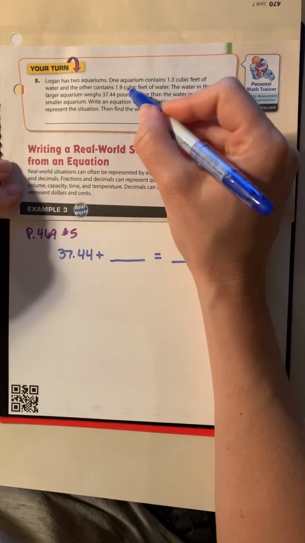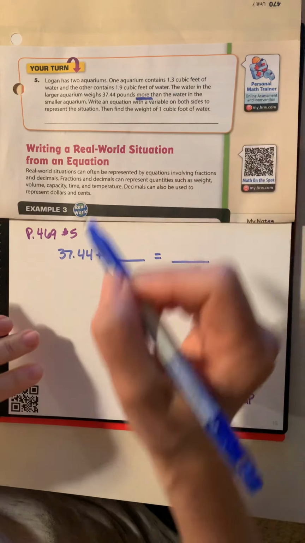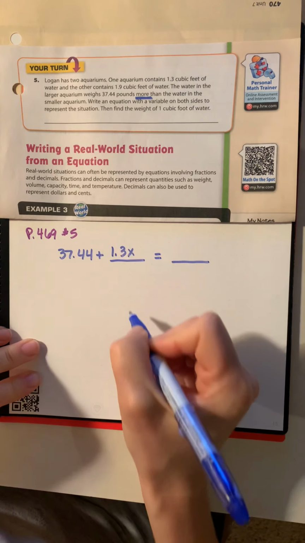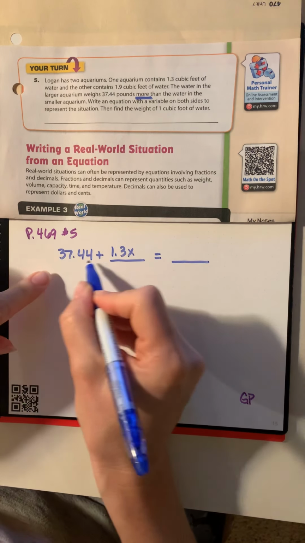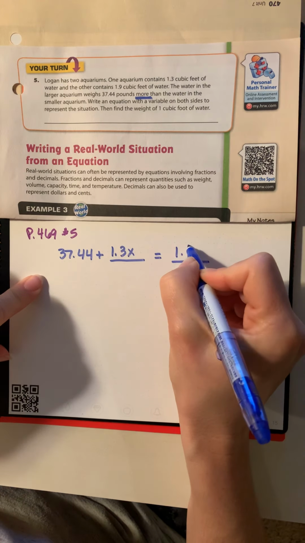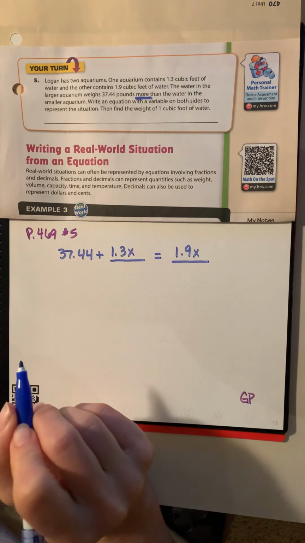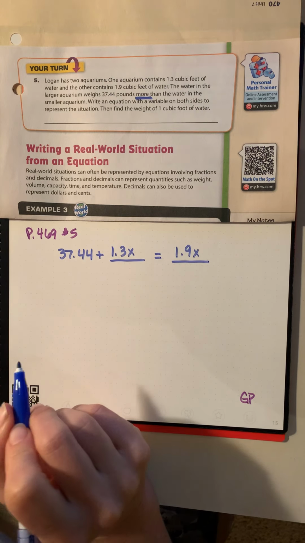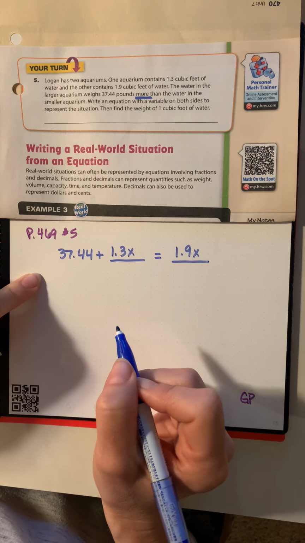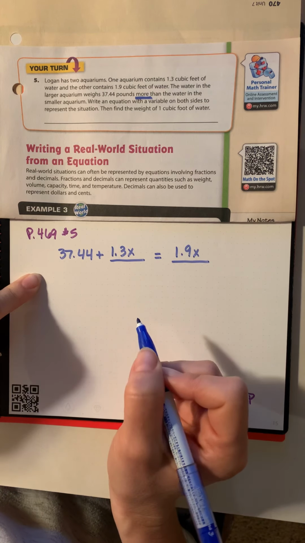Which one of these clearly is the smaller aquarium? Well, it's the 1.3 cubic feet. So 1.3x. All of this together is the same as what's in the larger aquarium. Okay, so write the equation, which is what we did, and then we just need to find the weight of 1 cubic foot of water. So I need to solve for x.